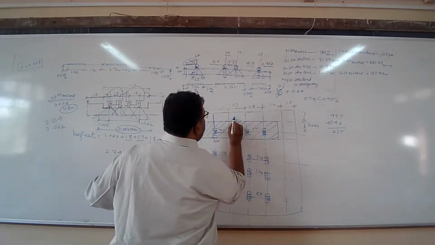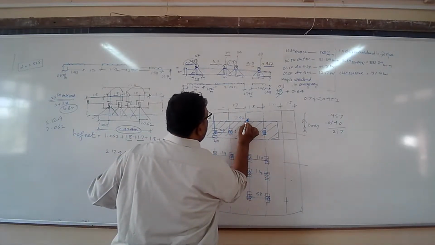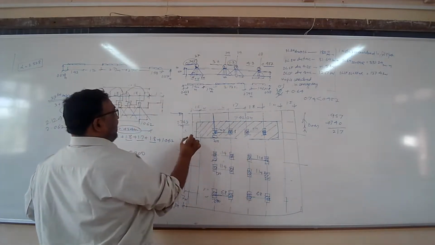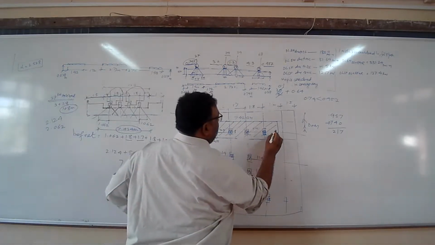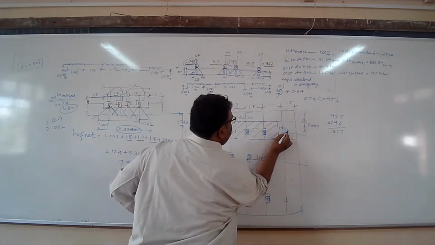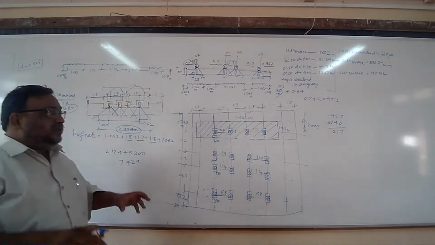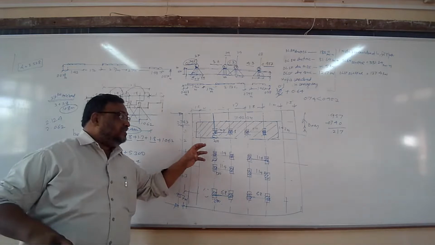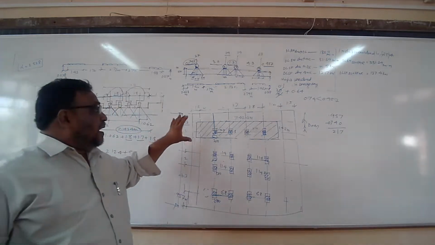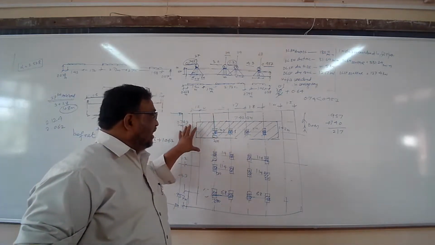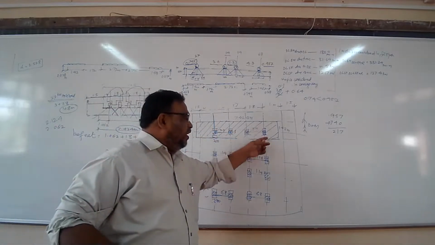How much? This is 7.424 meters, and in the direction of the load it is 1.43 meters. So this is the patch or the influence area on this part of the bridge on which the effect of this load will be.